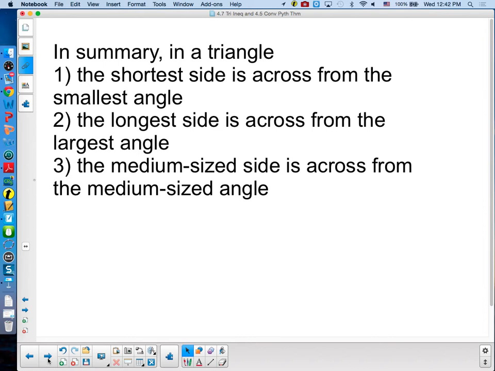Okay, that one should be less than. The YZ is across from the longer side.